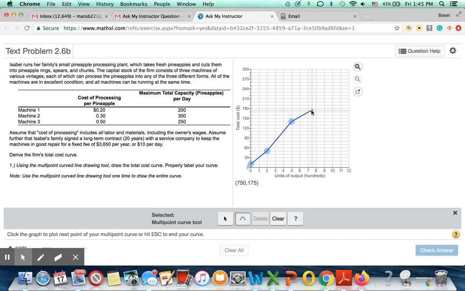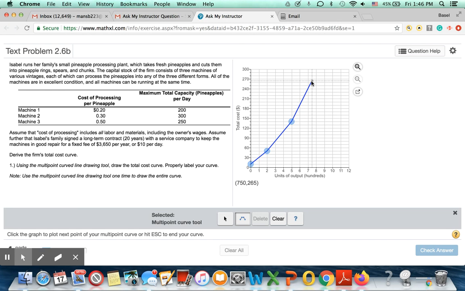It's 50 cents multiplied by 250. Now 125 plus the cost we incurred from using machine 1 and machine 2, which was 140. So I got 265.